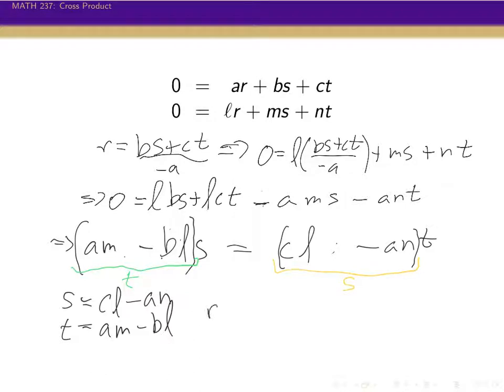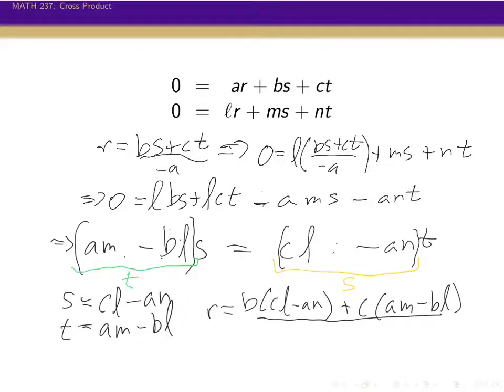So R is B times S, (CL minus AN), plus C times T, (AM minus BL), all over minus A. And so the top there I can write as BCL minus ABN plus ACM minus BCL, all over minus A.